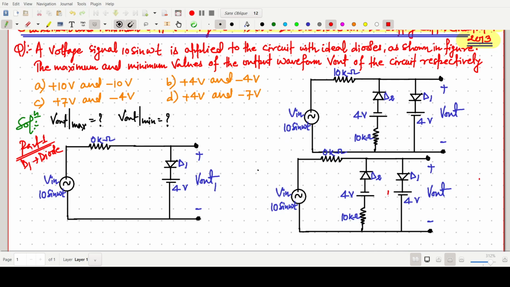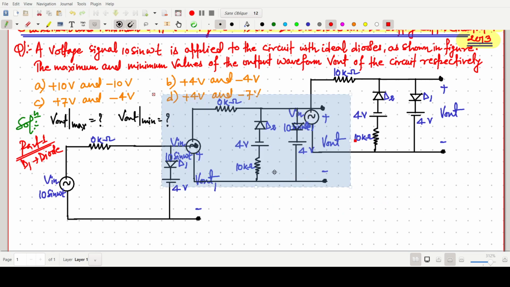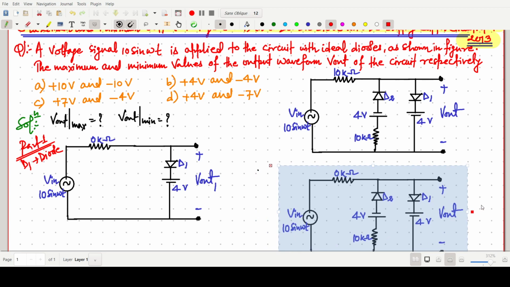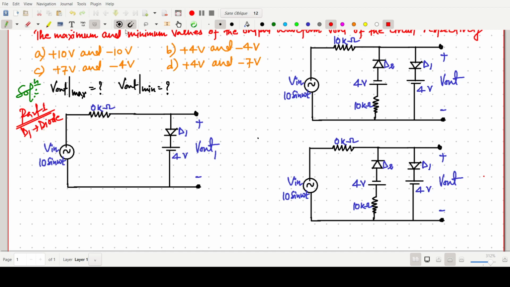In the second phase, we are just removing this diode D1, and we are saying this is our V output.